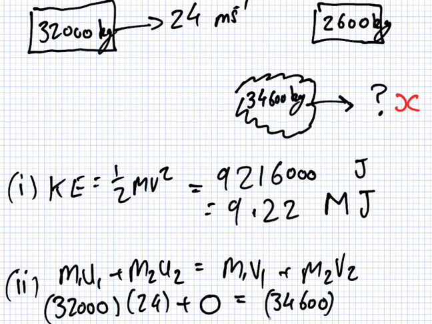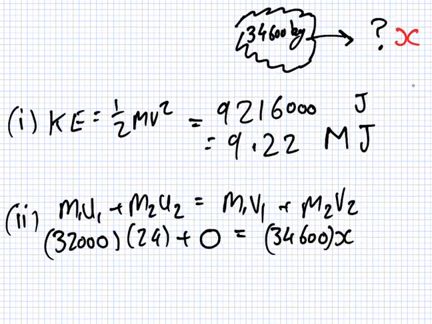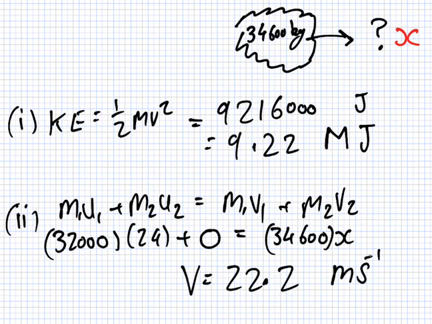What's x? X is the velocity. We don't know. 32,000 times 24 divided by 34,600, and I got velocity equals 22.2 meters per second.